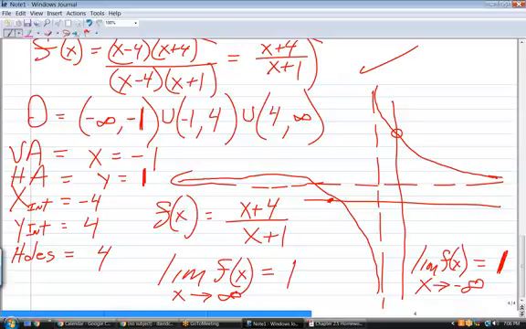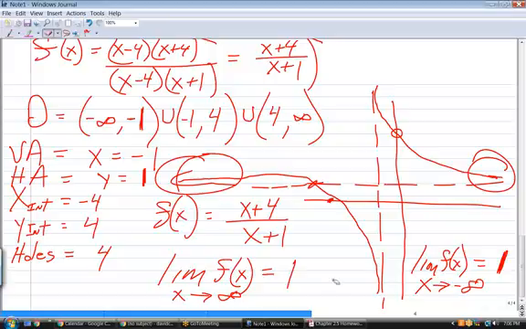In other words, this left part is always going to approach the same horizontal asymptote as the right part does, whether it's crossed it or not. If it's crossed it, it's going to come back and approach it. If it hasn't crossed it, then it's just going to approach it. Okay? So these limit questions that it's giving us are always the limit of f of x, but the difference is if it's a vertical asymptote, it's as we approach the vertical asymptote from the left and the right.